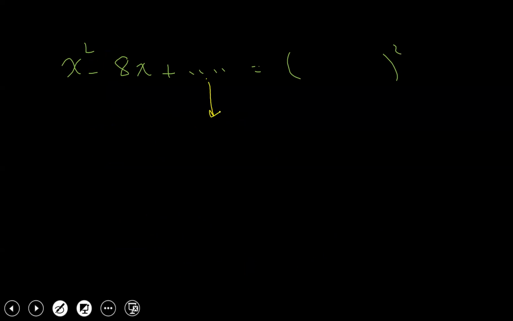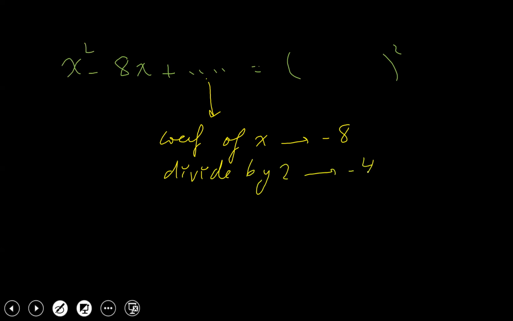We can follow this procedure. First, take the coefficient of x. What is the coefficient of x? It is minus 8. Divide it by 2. We get minus 4. This is b.